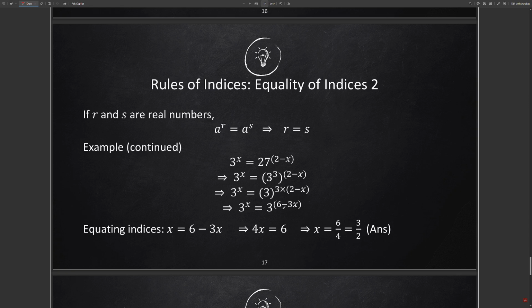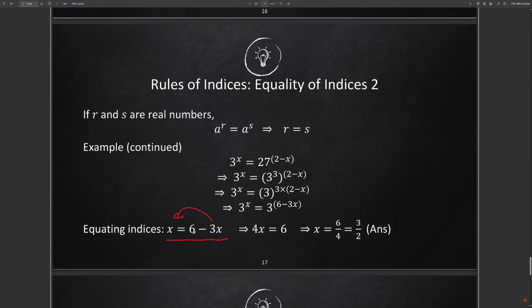So now the bases are the same. And the point of multiplying all this is just to have it in a nice linear form in order to solve for x. So x is equal to 6 minus 3x. So this implies that I could take this 3x here and bring it on this side, so negative 3x becomes positive 3x.